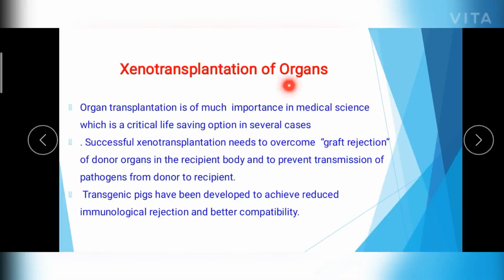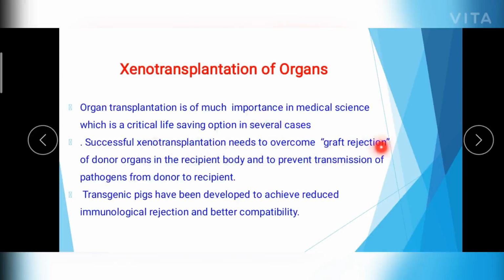The other application is the xenotransplantation of organs, that is, organ transplantation. It is of much importance and is useful to save lives. But if you see the organ donation rate, it is very low. The frequency of organ donation is very low. For successful organ transplantation, two things are of much necessity.